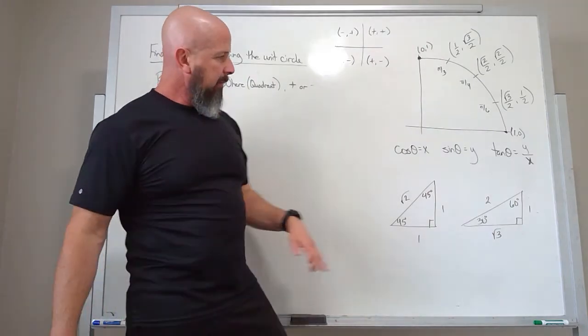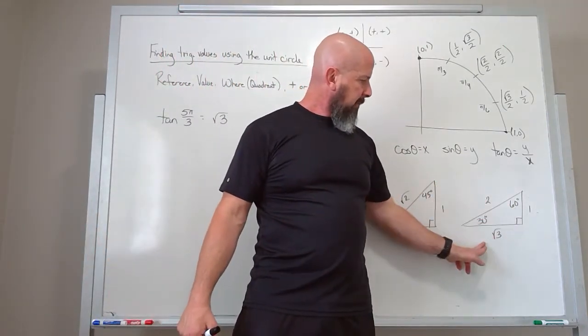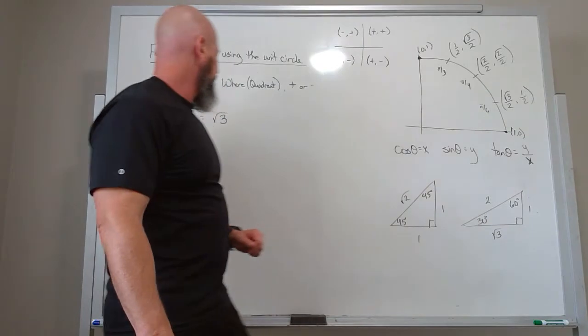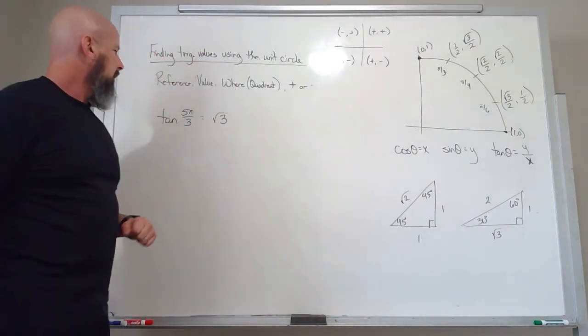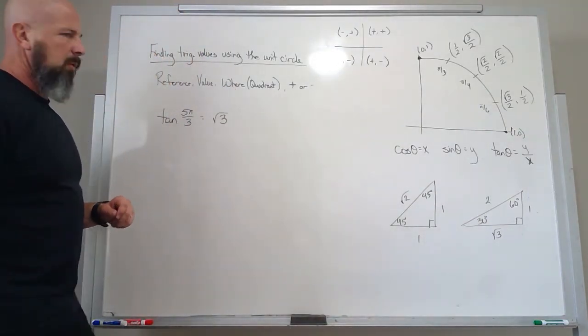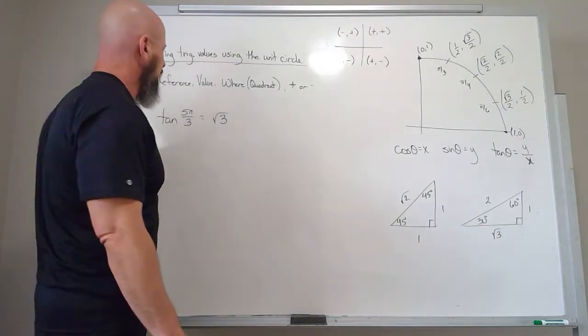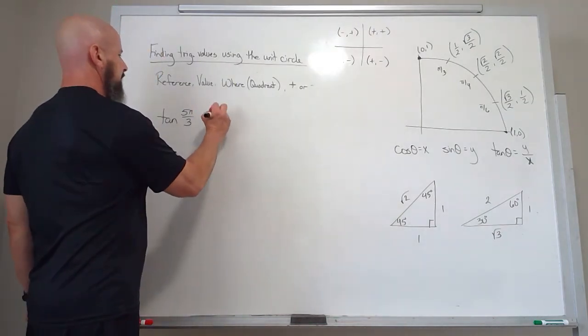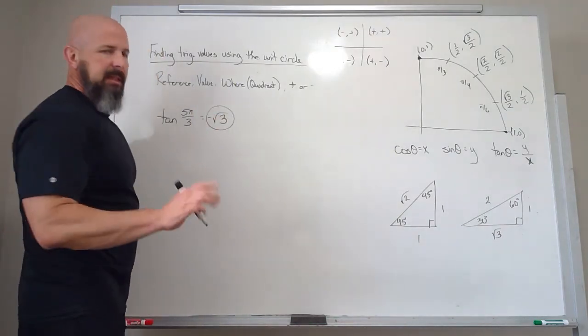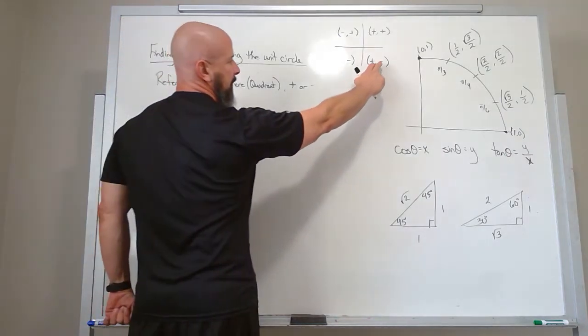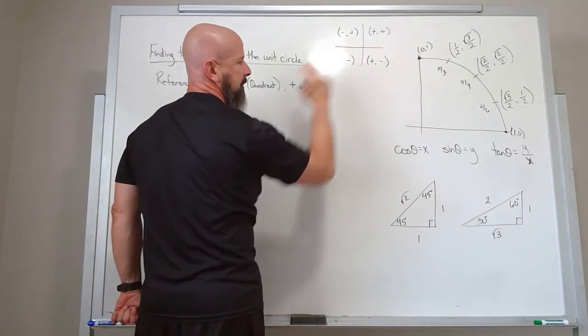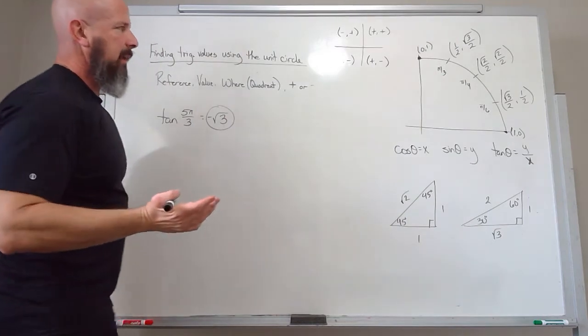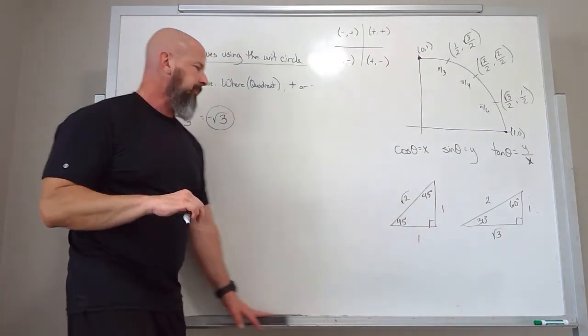If you're triangling, opposite root 3 over 1. Where? 5 pi thirds is quadrant 4. If I'm in quadrant 4, tangent is negative. Reason it's negative, remember it's y over x. So if the y's and x's are opposite sign, then it's going to end up being a negative.